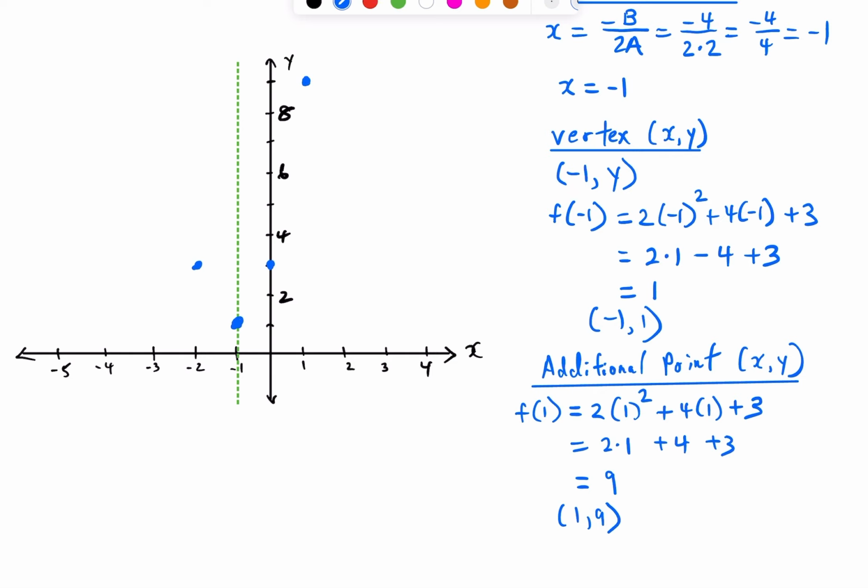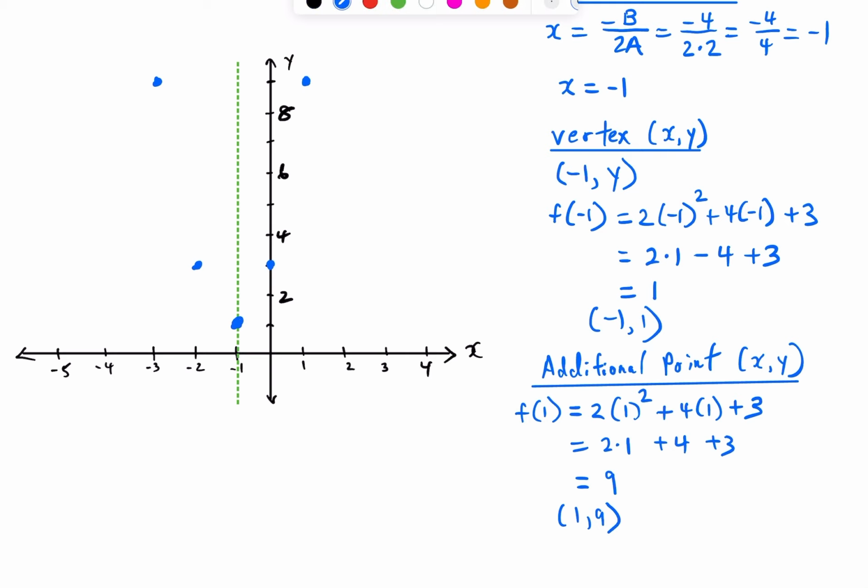And then using the axis of symmetry, we know that there's a point exactly on the opposite side, 2 intervals on this side, because this point that we just plotted is 2 intervals away from the axis of symmetry, and so we can go 2 intervals in the opposite direction and plot a point at -3, 9. So we plot a point right here. Now you can kind of see all 5 points shows us the shape of a parabola.